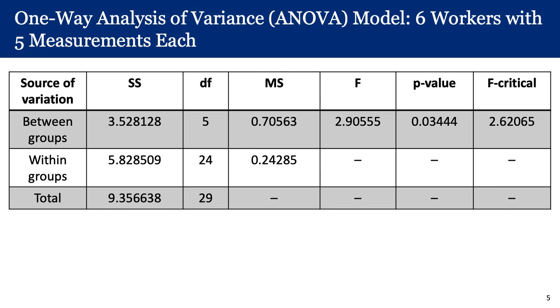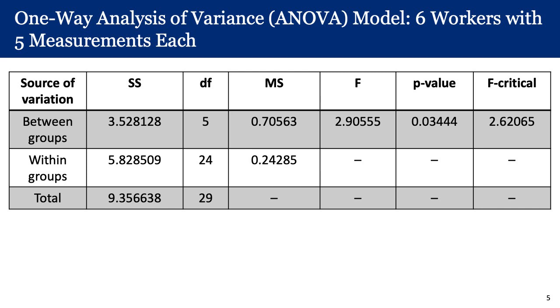The second column, SS, refers to the sum of squares, and the third column, DF, refers to the degrees of freedom, and MS refers to mean squared error, and the F refers to the F statistic for our particular data set.